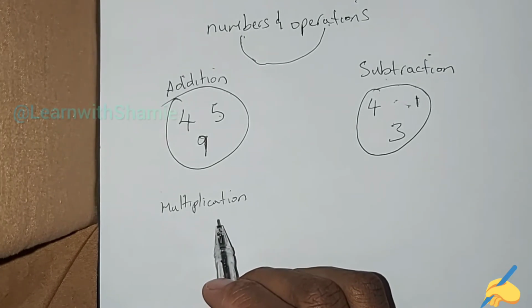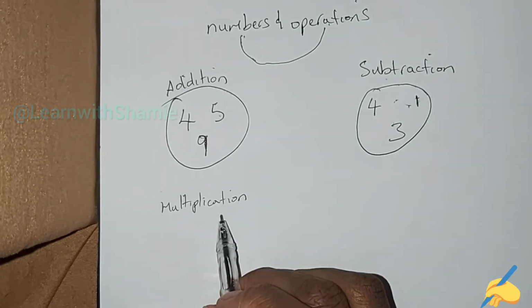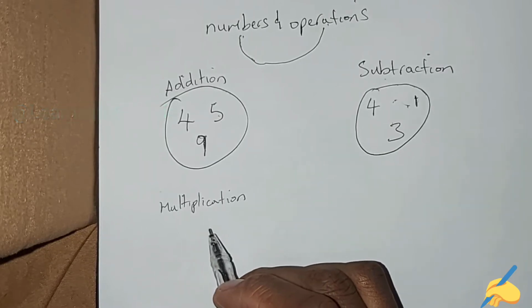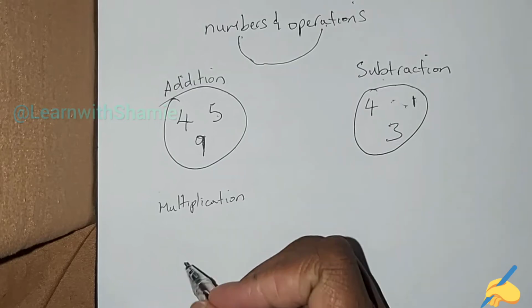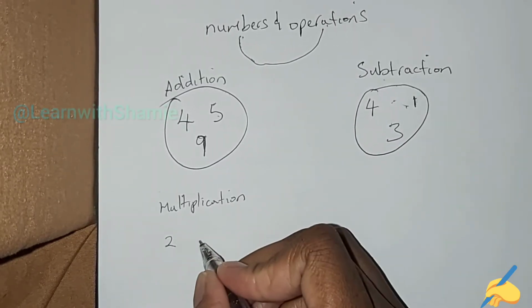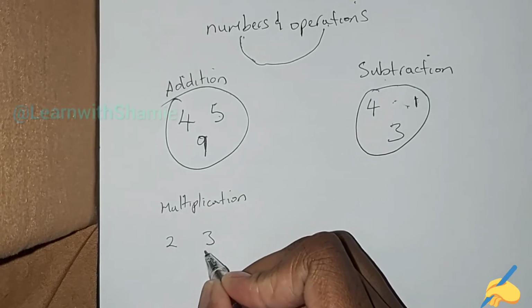For the multiplication operation, this one tells us to take one number and repeat it a certain number of times. So for example, you have two things and you're going to repeat it 3 times.